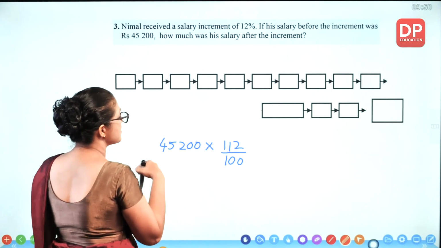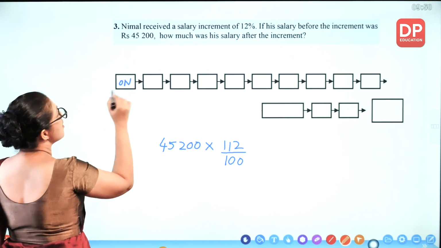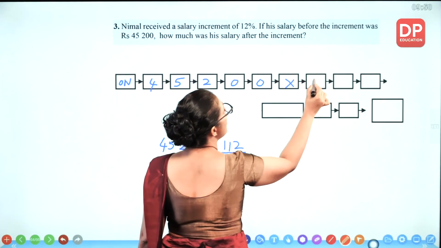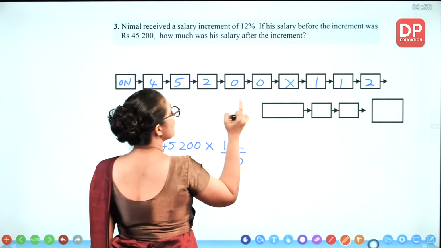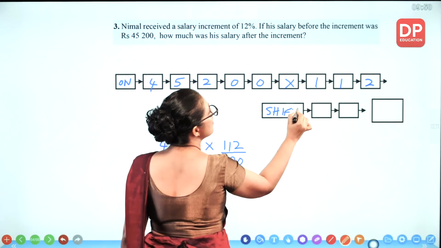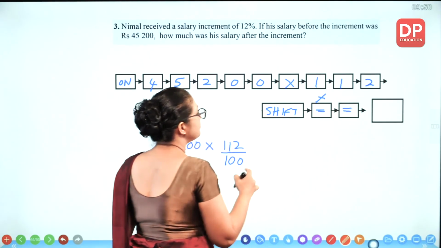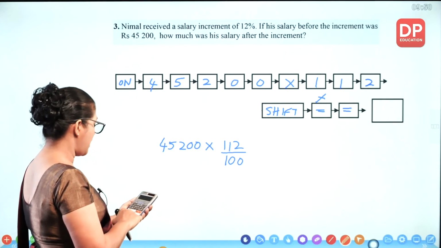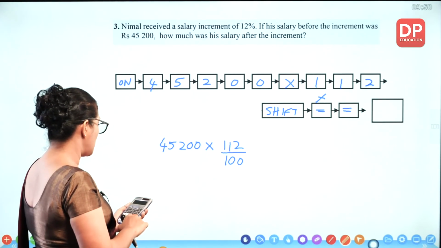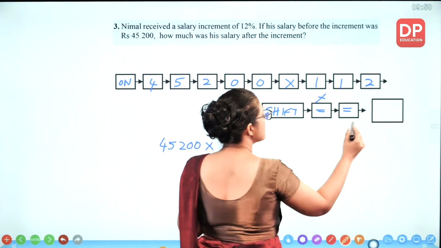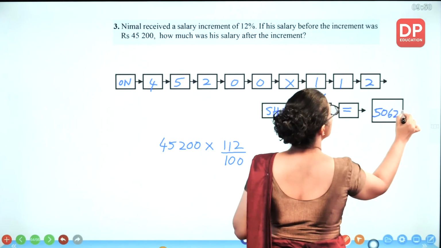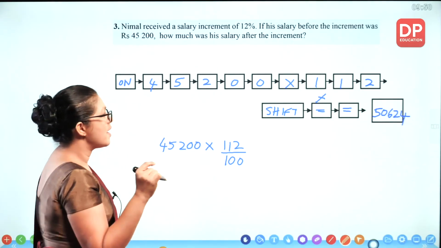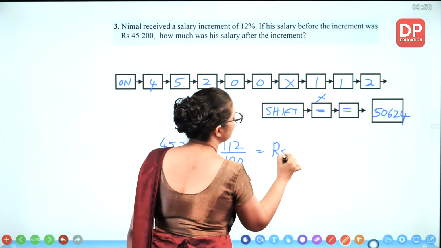So we'll do the calculations. 45200 into 112 and shift with the percentage sign. 45,200 into 112 as a percentage, you get 50,624. So the new salary with the increment is 50,624 rupees.